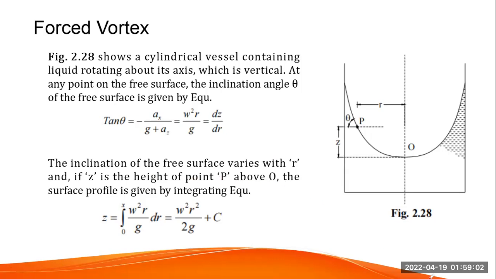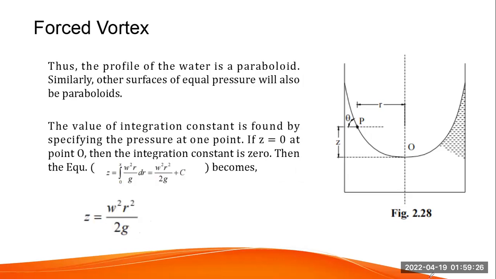The surface profile is given by integrating the equation: z is equals to integral of omega squared times radius over gravity dr, is equals to omega squared times radius squared over 2g plus constant number, or yung ating C. So next slide. From that formula, thus, yung ating profile of the water is paraboloid. So makikita ninyo, paraboloid yung ating figure ng ating liquid surface.